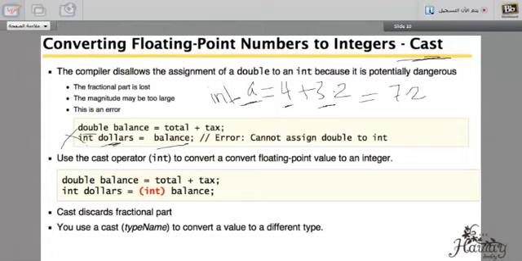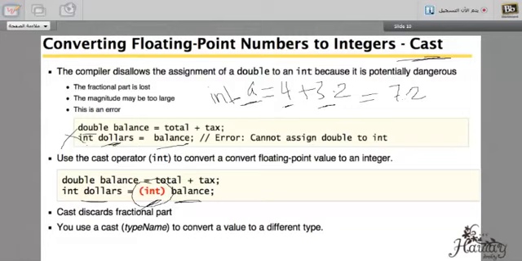Now you'll have int dollar equals (int) balance, but you have to put the int between the brackets. In Java it will even color it for you, because it's a reserved word. So you put integer in between the brackets, and it will convert balance to integer. So if the balance is 7.2, what will it give you?